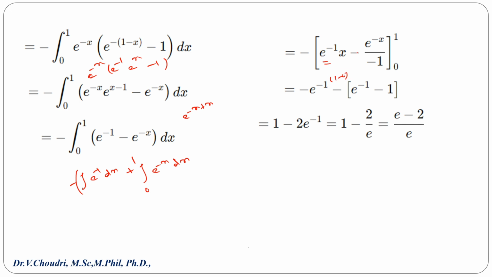Now simplify this one: minus e power minus 1, minus e power minus 1, minus into minus is plus 1. Combine these two, 2 e power minus 1. So 1 minus 2 divided by e, taking LCM, e minus 2 divided by e.